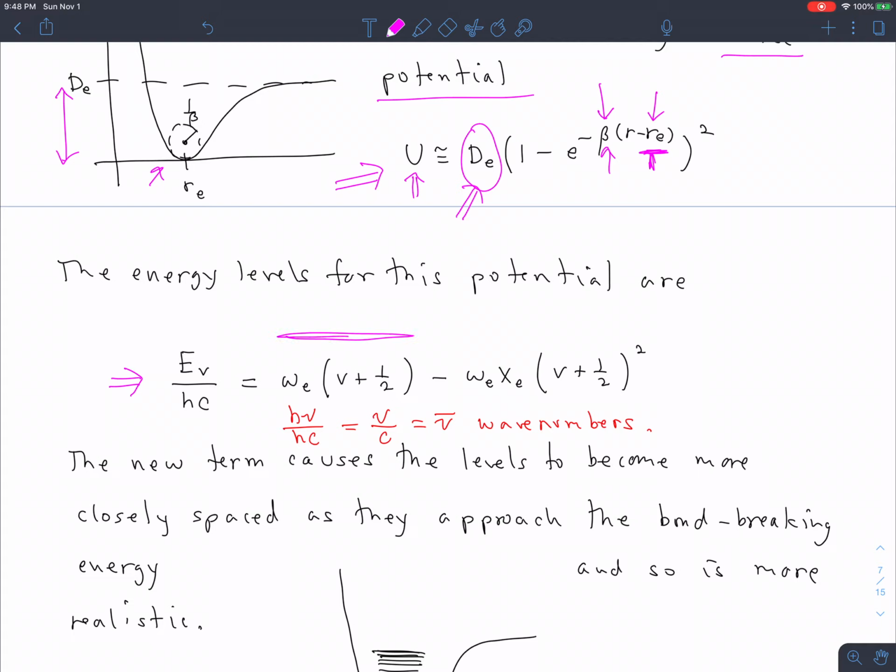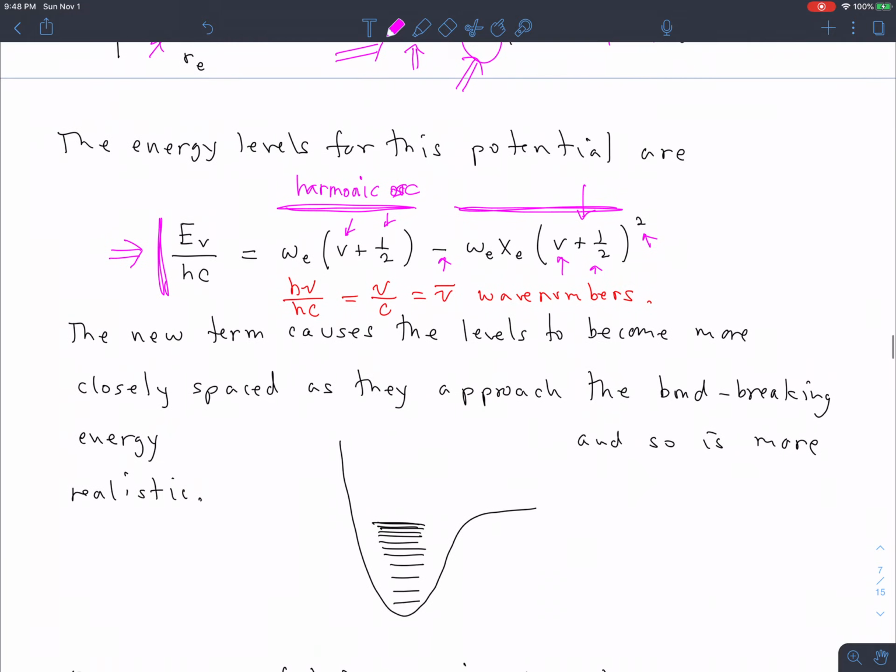There is a leading term, and notice it's E over hc here that we're talking about, not E itself. There's a leading term which is the harmonic oscillator, absolutely unchanged. But then there's an extra term, and notice that the harmonic oscillator is proportional to the quantum number v plus a half, and the extra term is proportional to the quantum number v plus a half, but squared. And it's got a minus sign.